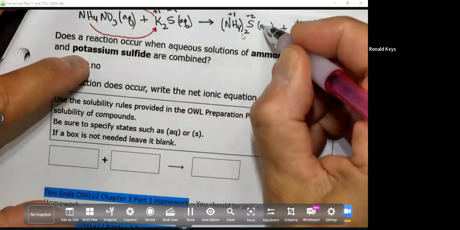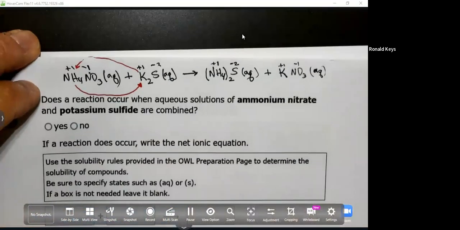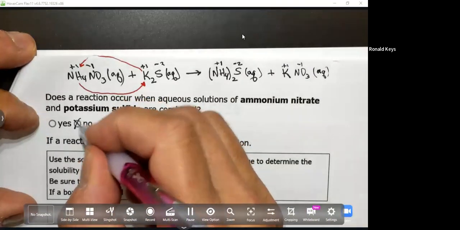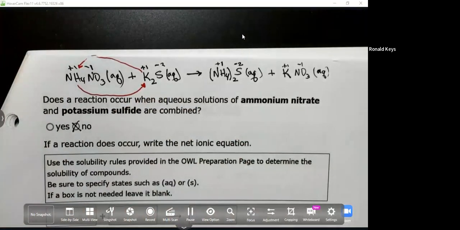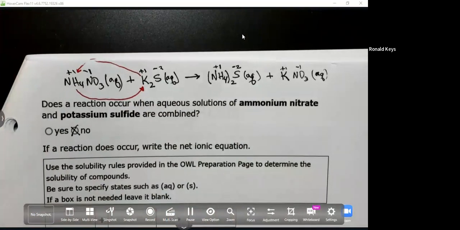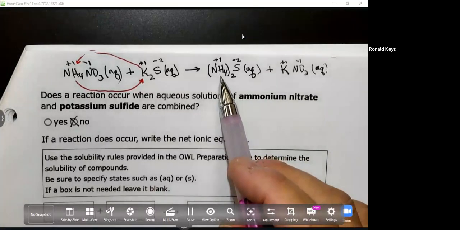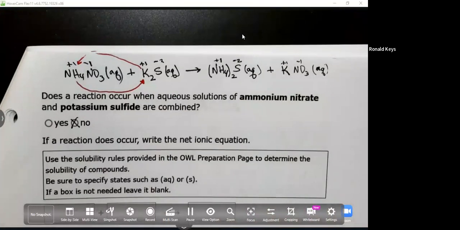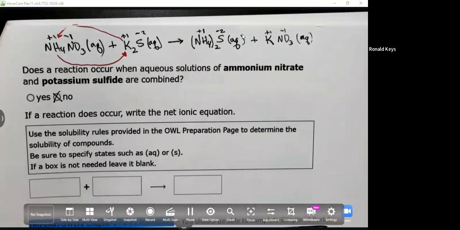So if this is aqueous, we are not going to get a solid. So is there a reaction? No. Now, does my grid match up with the OWL problem for this? So I'd have to go back into the rules. Does this match up? Yeah, okay. So we do not get a solid. These ammonium compounds are still aqueous, so everything's aqueous. We don't have to balance it. There's no reaction. Okay, so that completes OWL chapter 3, part 1.